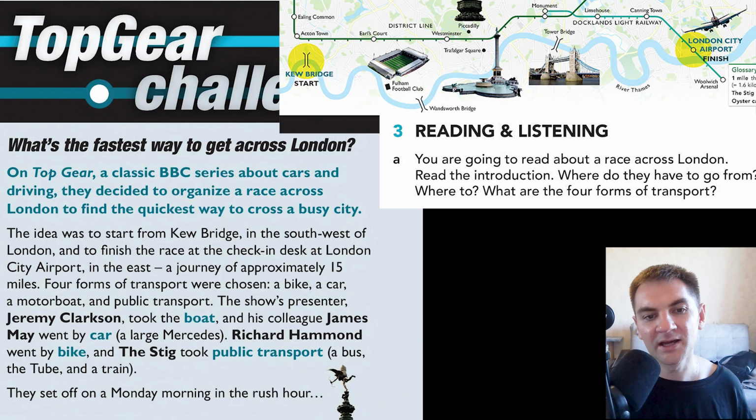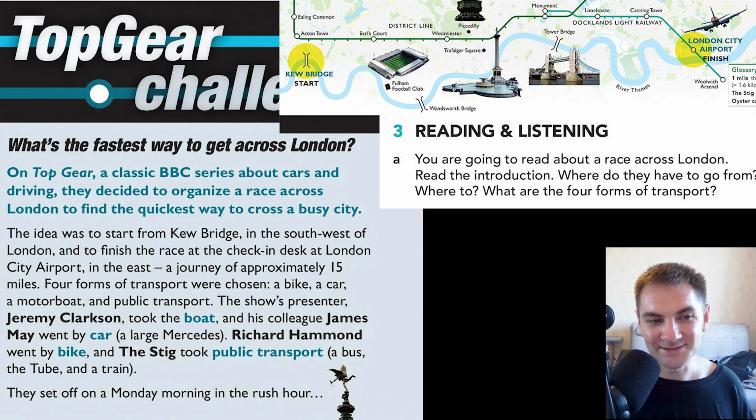A journey of approximately, not exactly, 15 miles. 4 forms of transport were chosen: a bike, a car, a motorboat, and public transport. The show's presenter Jeremy Clarkson took the boat, and his colleague James May went by car, a large Mercedes. Richard Hammond went by bike, and the Stig took public transport, a bus, the tube, and a train. They set off on a Monday morning in the rush hour.